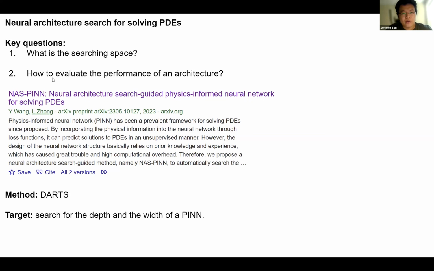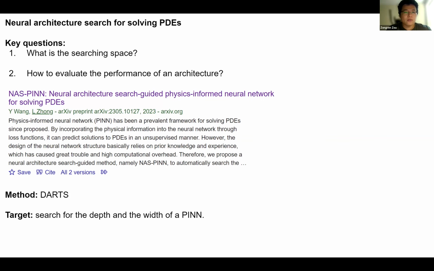And the second question is, how do we evaluate the performance of an architecture? In the previous three papers, it's not actually an issue. When they compare the architecture from the neural architecture search and the architecture from human beings, they train them and evaluate on testing data or validation data, and then compare the results.